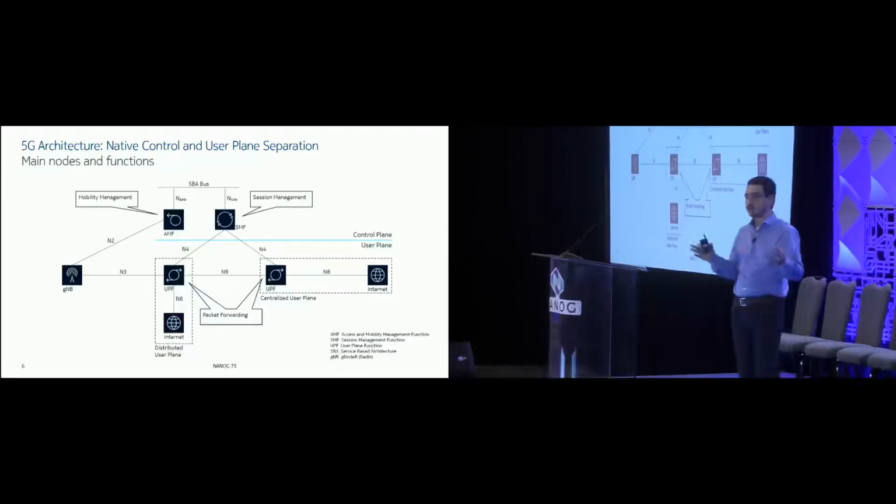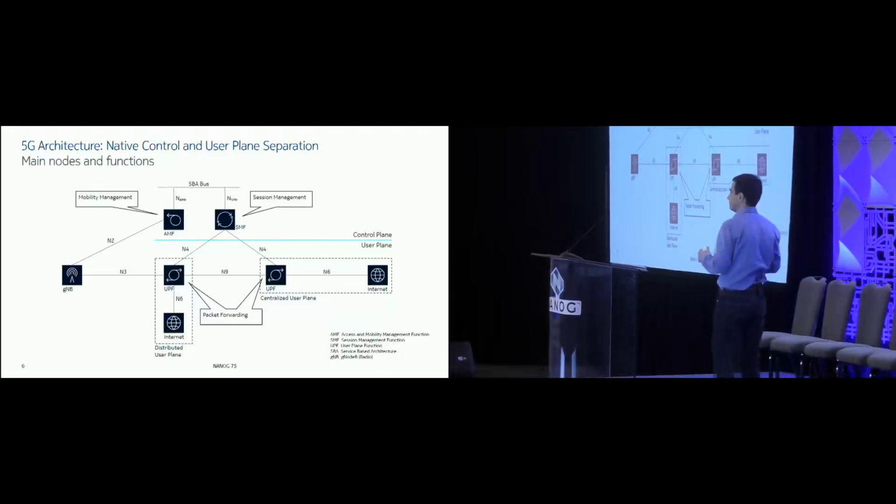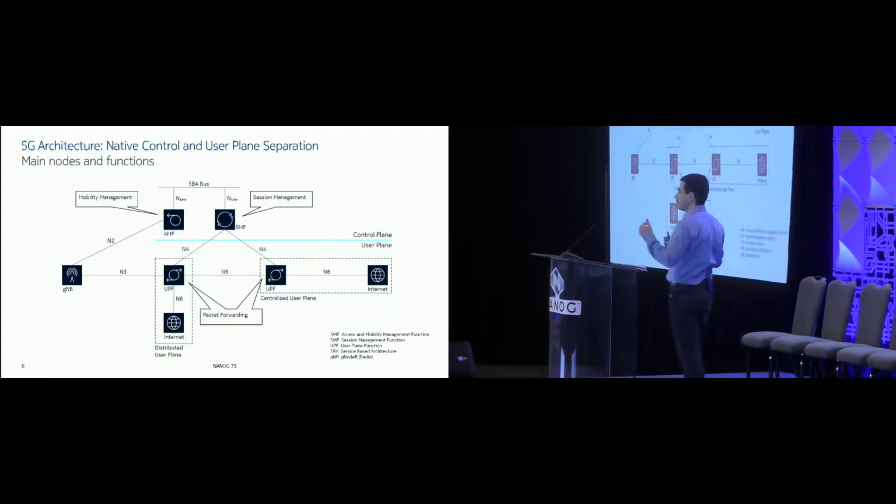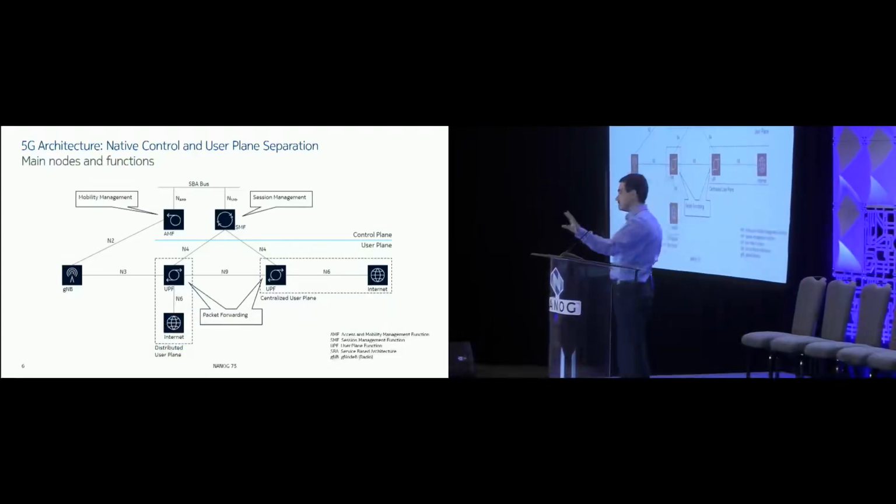Now you can have multiple IP anchor points across your network. You're only obviously going to announce your IP pools in one side, but it gives you the ability to install, for example, content caches and do local breakout for specific applications closer to the user. I'm not going to go through that. If there's enough interest, we could even do another presentation on how that works.